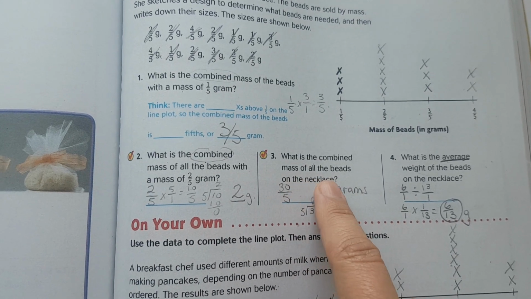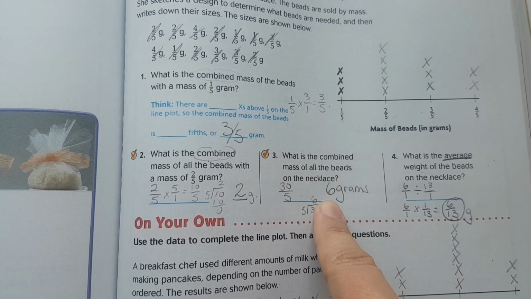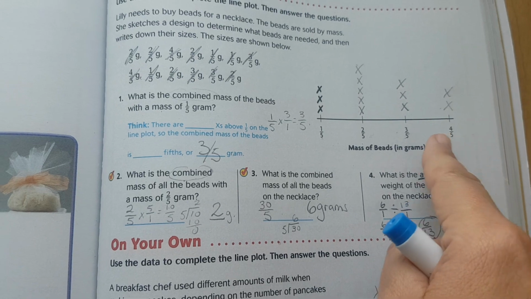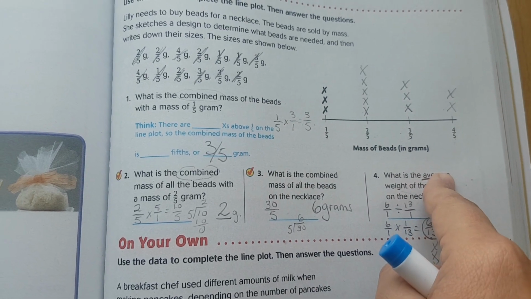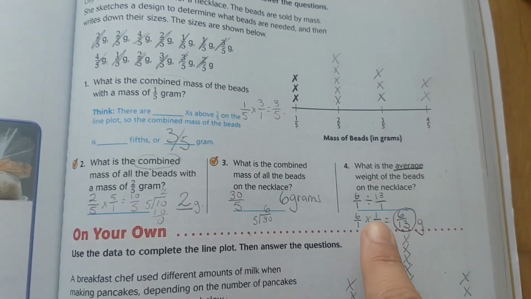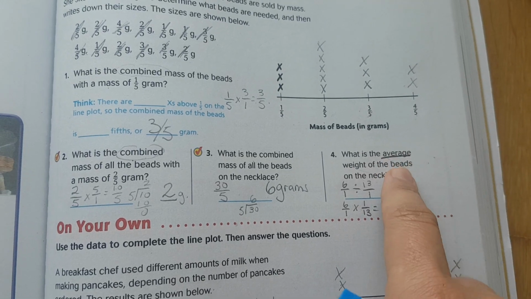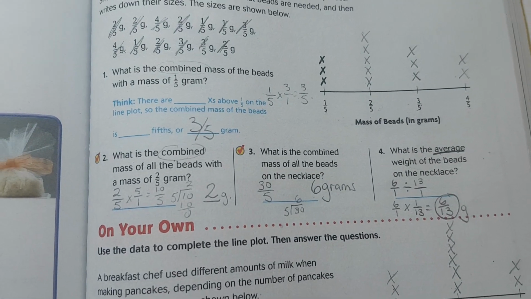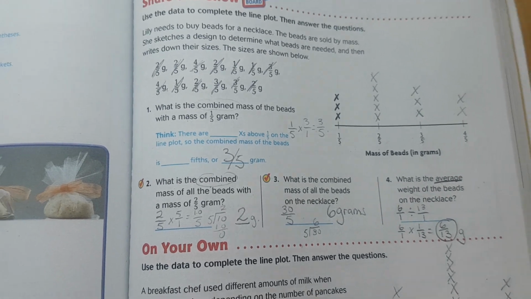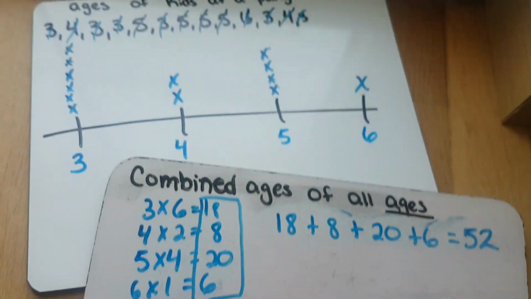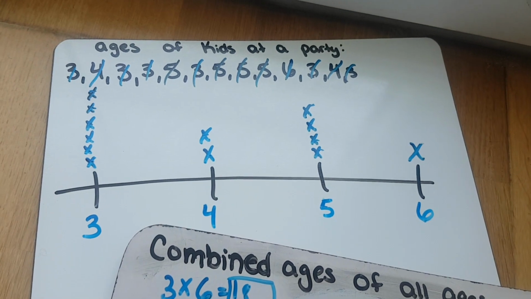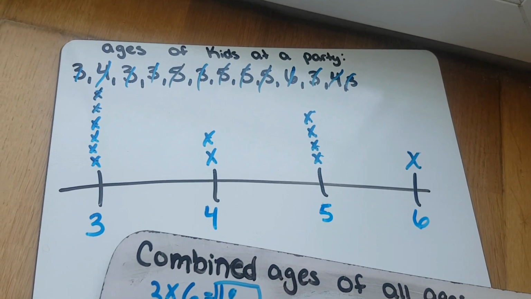What is the combined mass of all the beads together? I was adding all of the weights together. And then over here, average. And then I did that division thing again. So this is what we did yesterday. And what I'm showing you today, this is just showing it to you in whole numbers so that it makes more sense. All right?